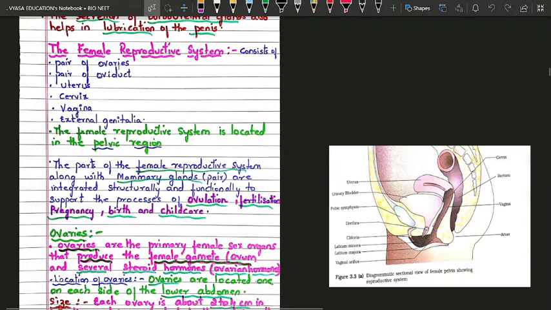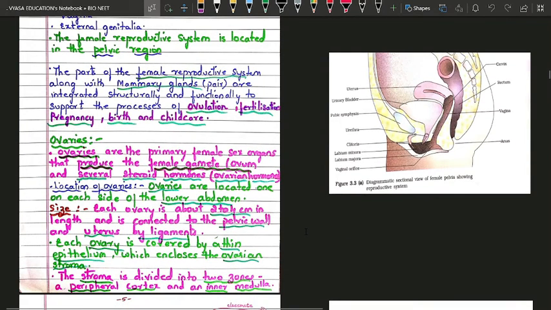A pair of ovaries, a pair of oviducts, uterus, cervix, vagina, as well as external genitalia. The female reproductive system is located in the pelvic region, so like the male, it is also situated in the pelvic region only. So this is the female reproductive structure, situated in the pelvic region.